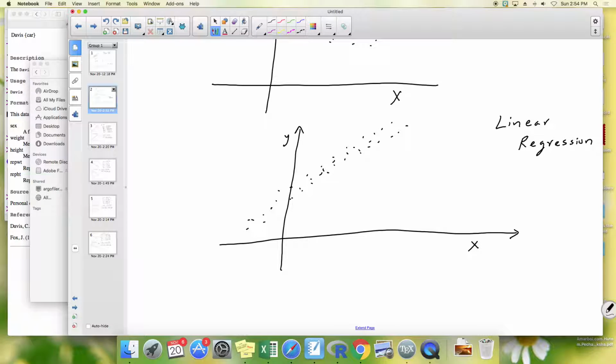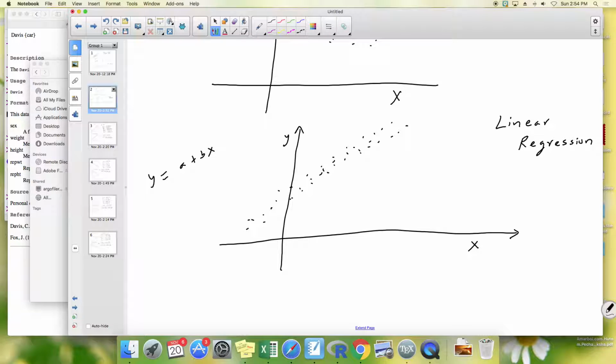Now, we are never saying that all these points follow perfectly a straight line. What's a straight line? A straight line is like y equals a plus bx.